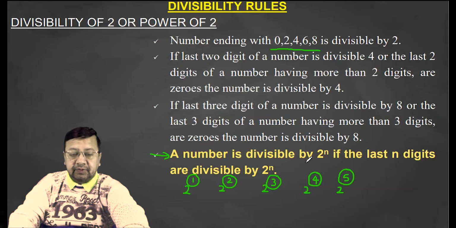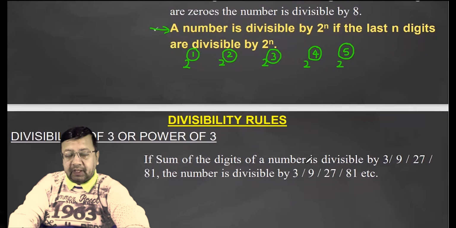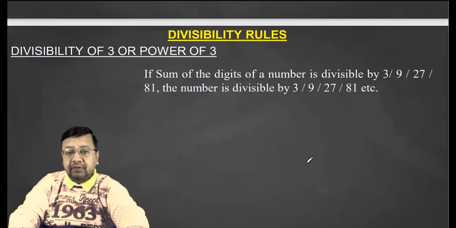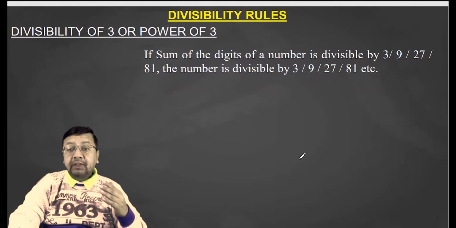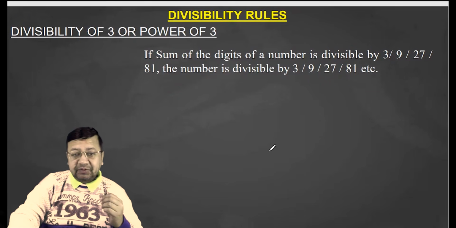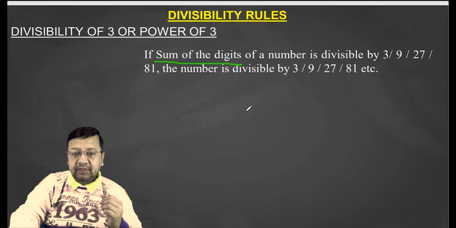Now, moving further to the next rule, which is for 3, or the powers of 3, right? So what is this? The sum of the digits should be divisible. Suppose I say 1, 2, 3, 4, 5, 6, 7, 8, 9.